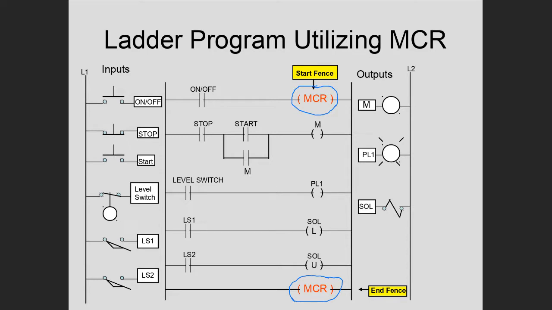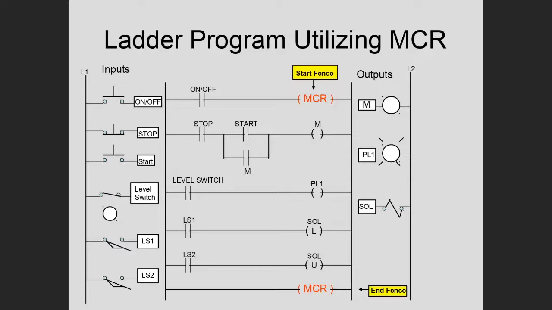They basically define a zone that we can control any instructions between the first MCR and the second MCR. Now, the first MCR, we refer to that as the start fence, and the second MCR, we call that the end fence. So think of this as the start of the region that we want to skip over or control, and this is the end of the region that we want to skip over or control. So we got the start fence and the end fence.